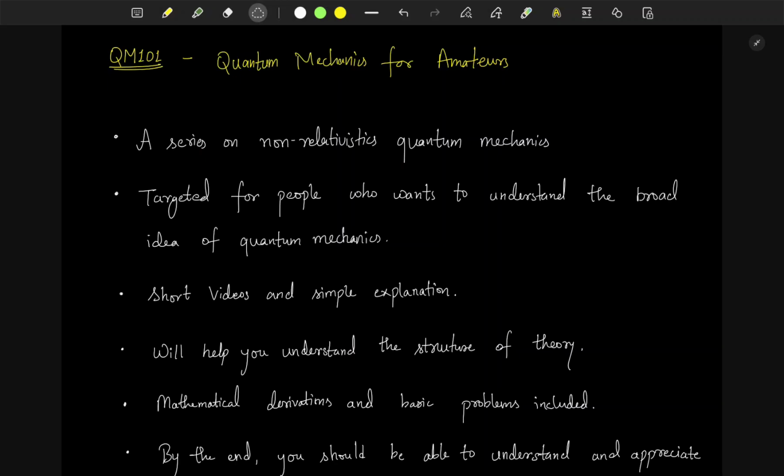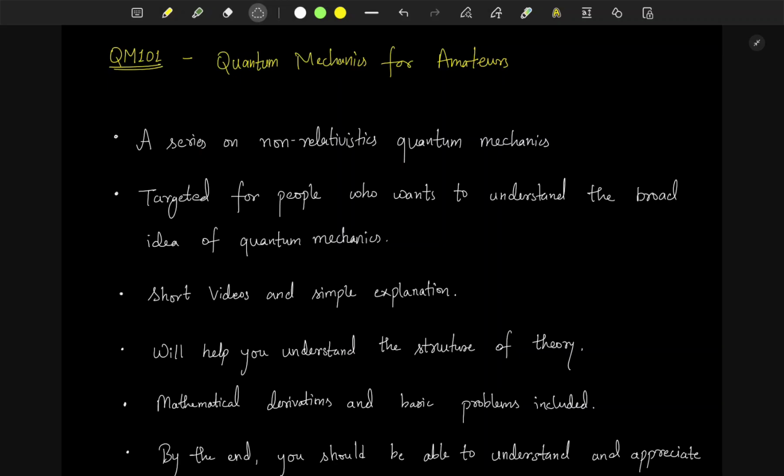I'm sure they'll be saying the same thing without any mathematical things, if you are interested in that. But this series is going to be detailed, not way too detailed, but there will be enough details so that you can understand the mathematics of this theory.